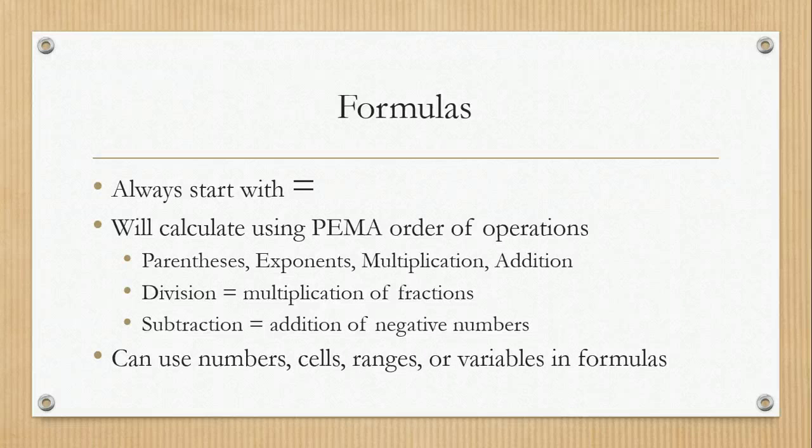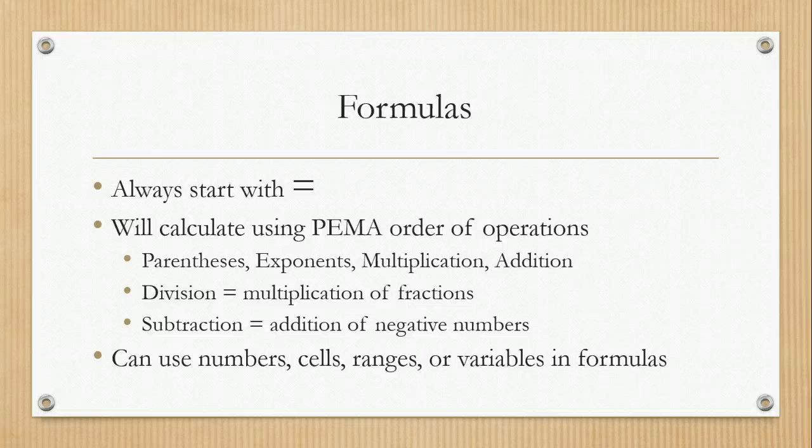The way that Excel handles math is that it treats multiplication and division on the same level. So instead of it being confusing, we'll just reduce it to division, and remembering that division is a multiplication of fractions. Additionally, addition is treated on the same level as subtraction. So therefore, if we remember that subtraction is the addition of negative numbers, that will help us.